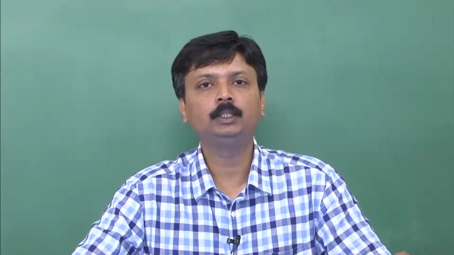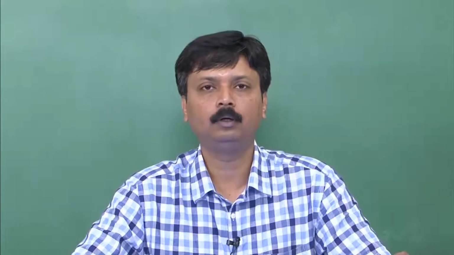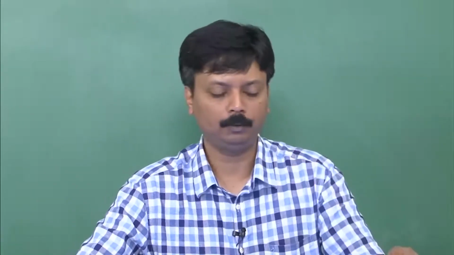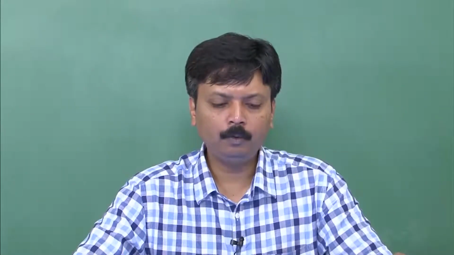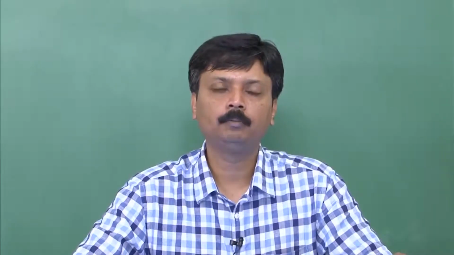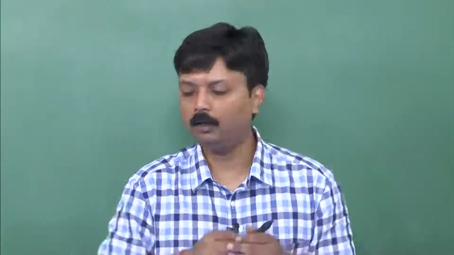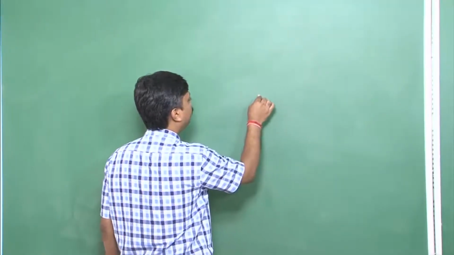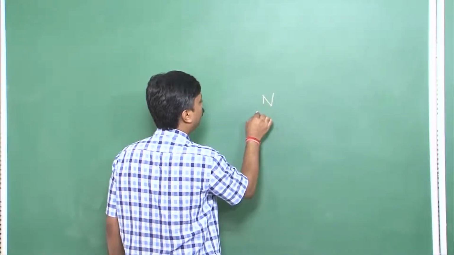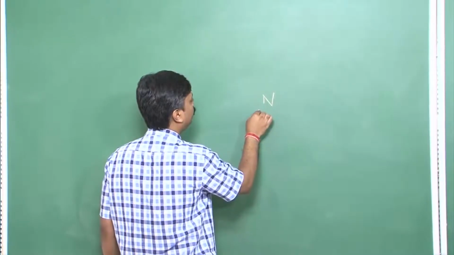But on many occasions you do that without actually knowing the reason behind this formula. So if you take any given molecule, I will take a very simple example. Say I have ammonia.